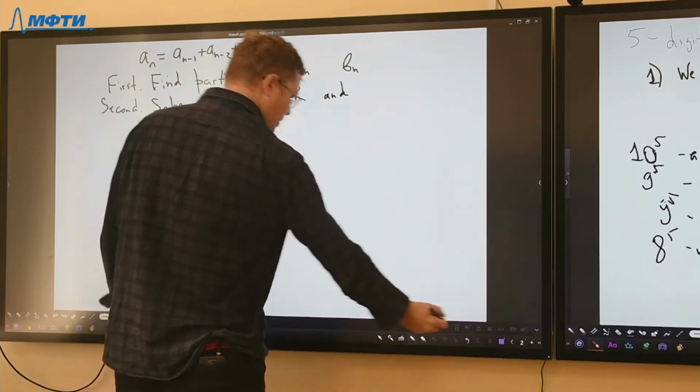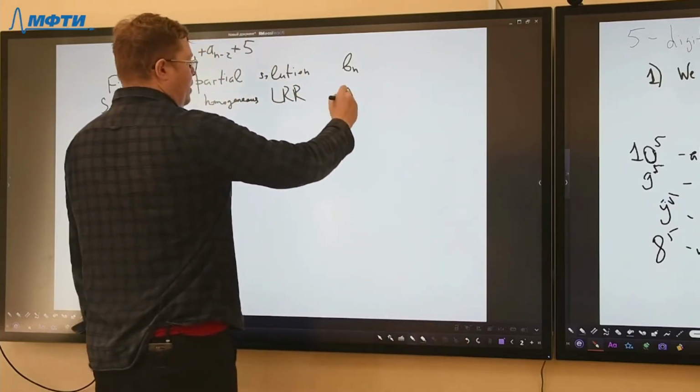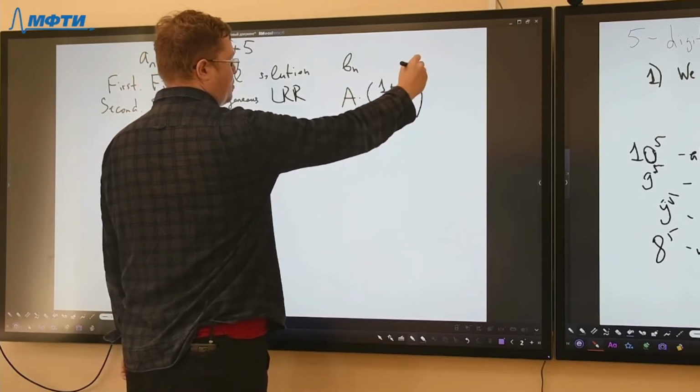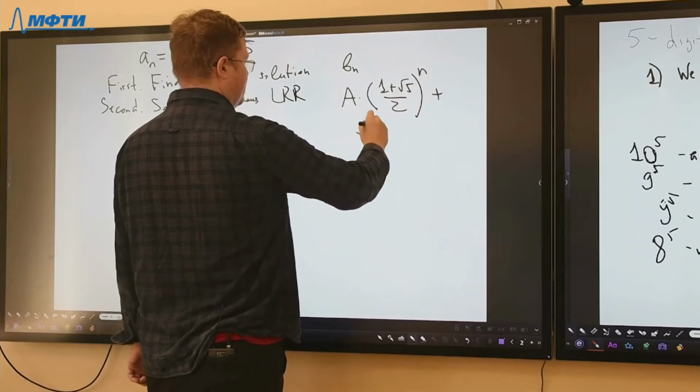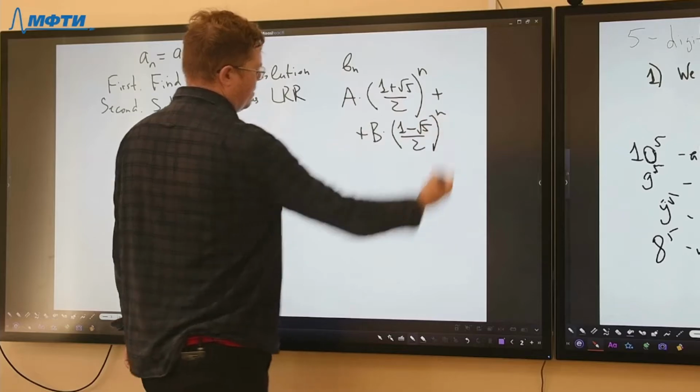So for example, in this case, it will be a times (1 plus square root of 5 over 2) to the power n plus b times (1 minus square root of 5 over 2) to the power n. Yes, something like this.